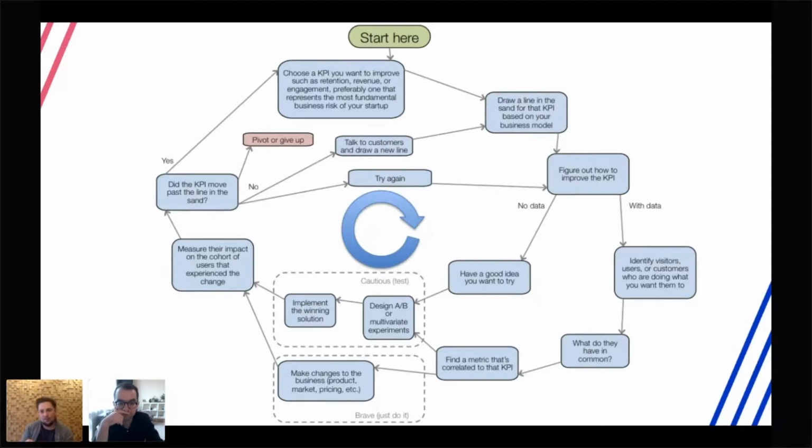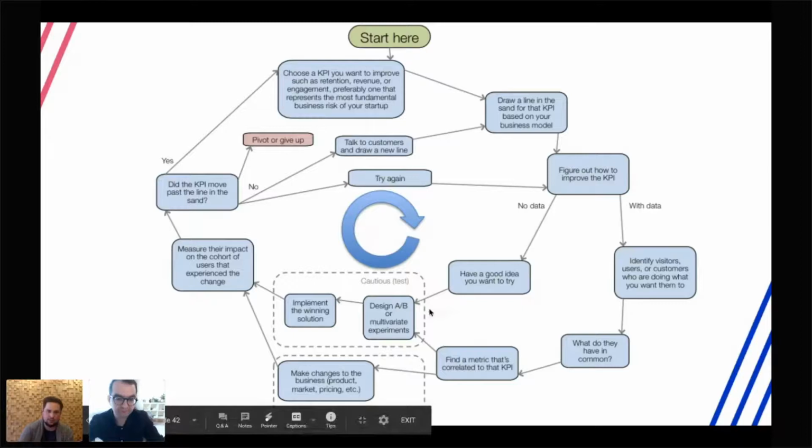So often you have to come up with ideas without data. You identify them by, for example, checking your competitors, talking to your customers, and doing qualitative and quantitative analysis, and then you come up with these tests.